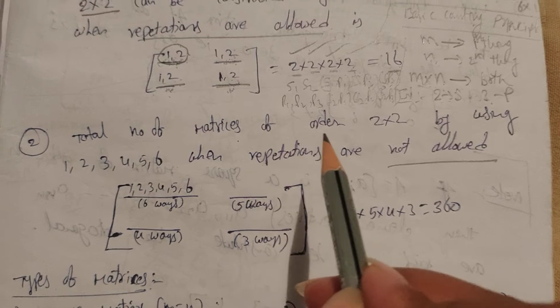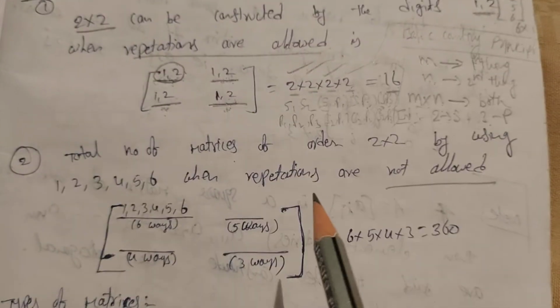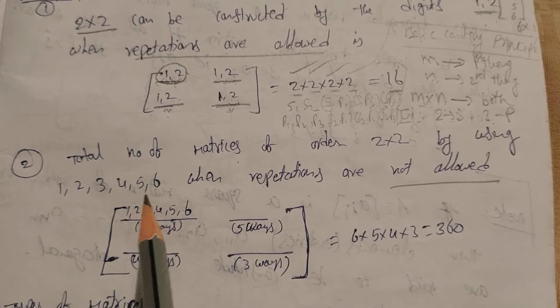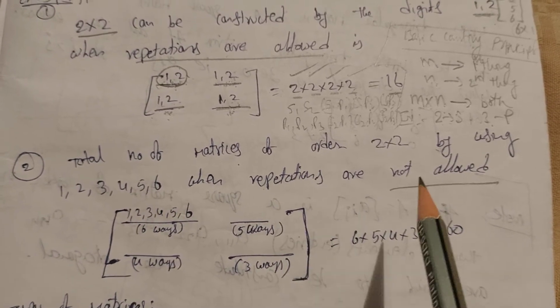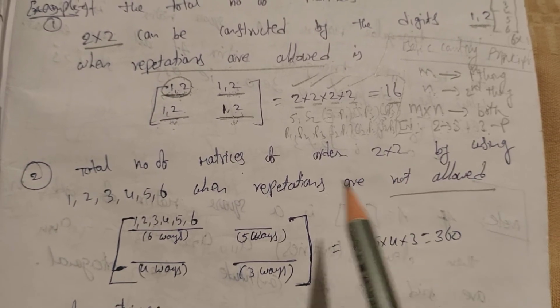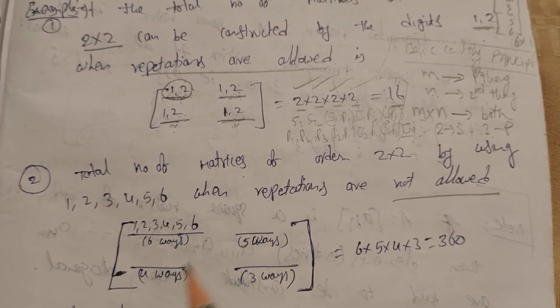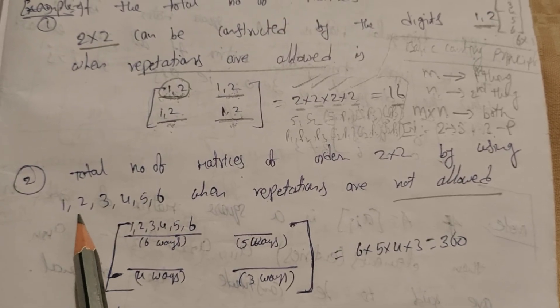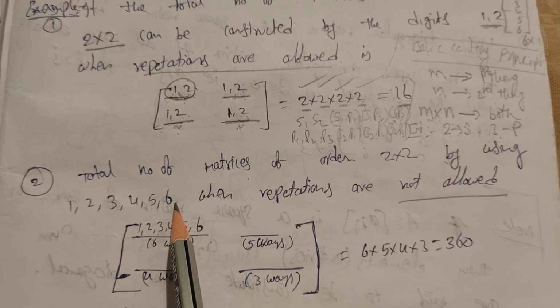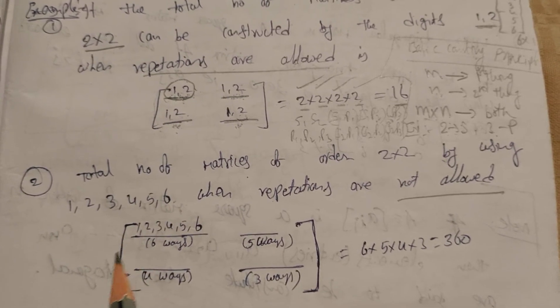The total number of matrices of order 2 by 2 using 1, 2, 3, 4, 5, 6 when repetitions are not allowed. Here also it is the same 2 by 2 matrix, so we need to fill 4 entries. But here they gave 6 digits, and with these 6 digits we have to use any 4 only.